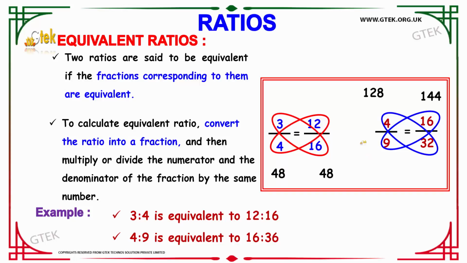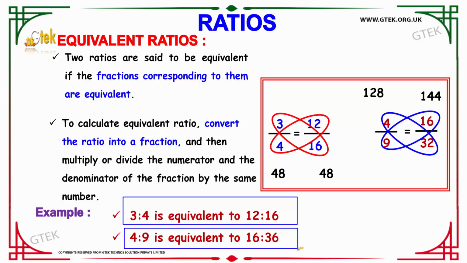To calculate the equivalent ratio, we need to first convert the ratio into a fraction, and then we need to multiply, or else divide, the numerator and denominator of the fraction by the same number. We have examples. The first one is 3:4 is equivalent to 12:16, and the next one is 4:9 is equivalent to 16:36.